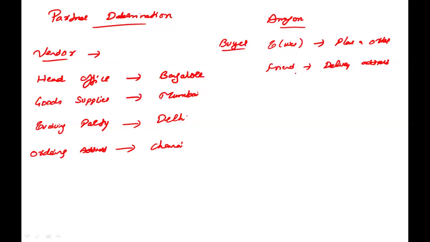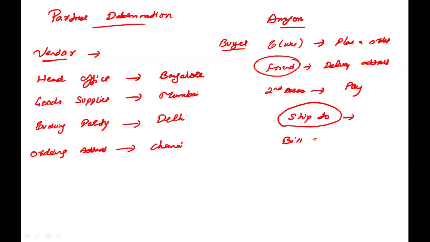I will not receive it. My friend will receive it. And I'll tell them that I'll not pay the amount. I'll ask some other person to pay the amount. So my second person will pay for this order. So here you are seeing ship to. Amazon will ship the material to this person.